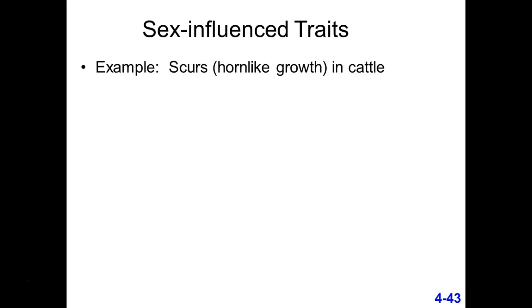They give you this weird example in the book, I guess because they're afraid of talking about things like breasts and beards. So they give you an animal example. This is an autosomal gene, which means it's not on the sex chromosomes.